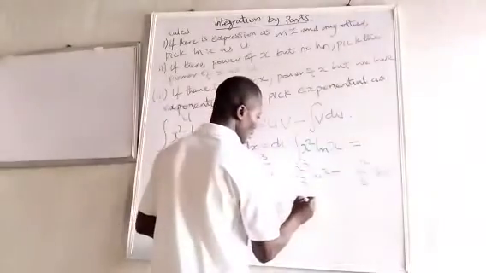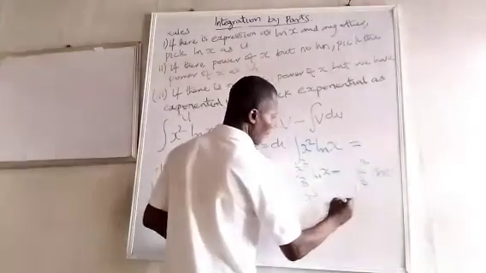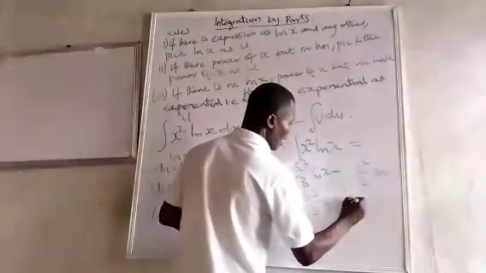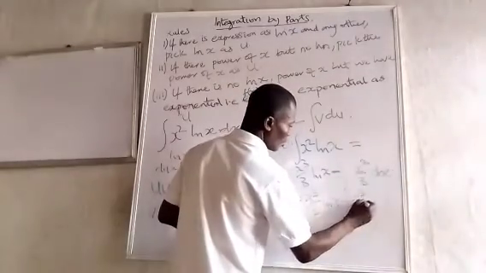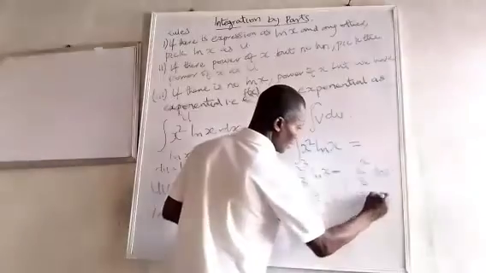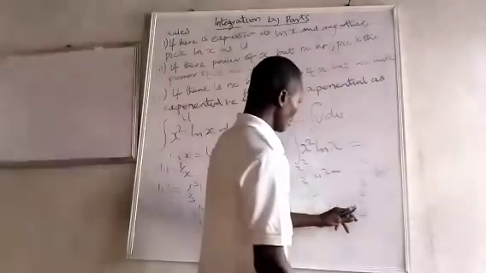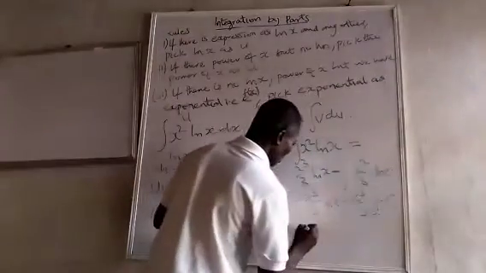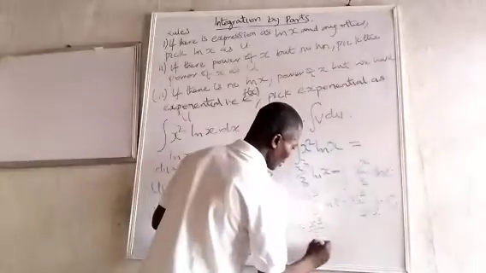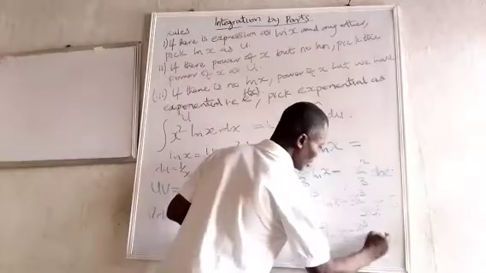So which is going to give us x cubed over 3, then x minus x cubed over 3 plus c. Okay, this is over 3 times 3, which is going to give us x cubed over 3, then x minus x cubed over 9 plus c.